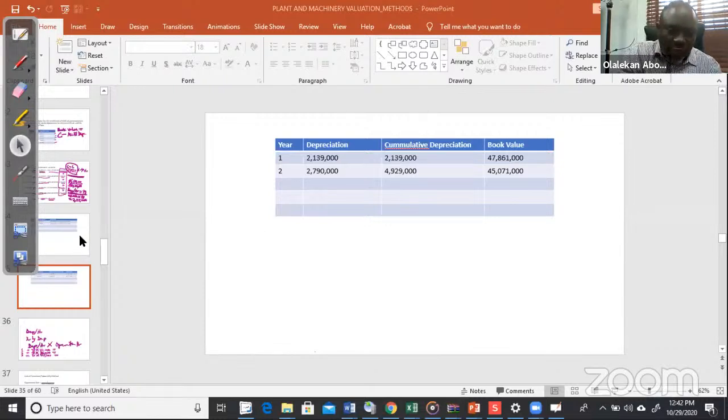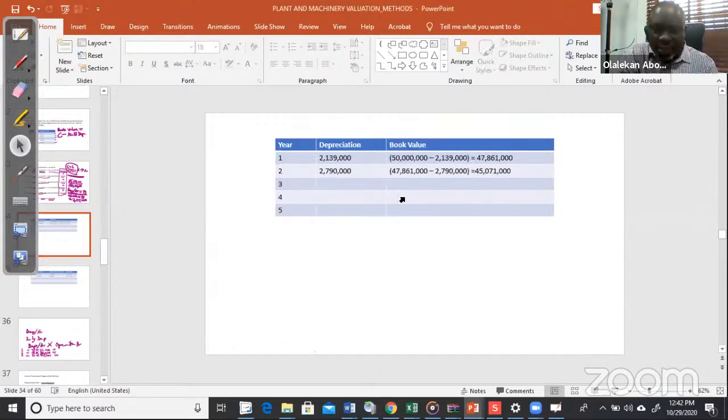In the first one, we do not have a column for cumulative, so we are reducing our book value. But in the second one, we've maintained our cost, but we cumulate our depreciation. So whichever is convenient.